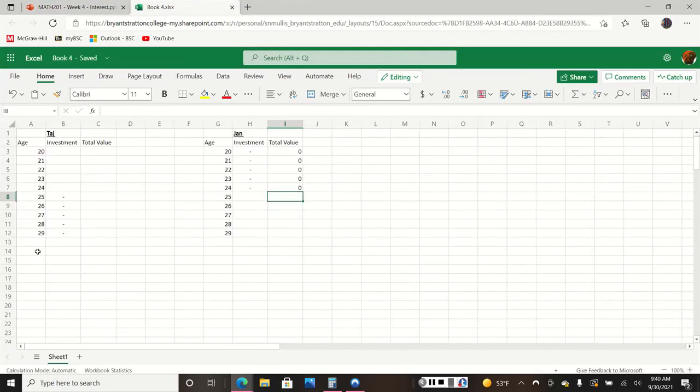So again, we're going to use the equation. We'll put the equation down here. A equals principal, and in parentheses, 1 plus the rate over number of compound periods.